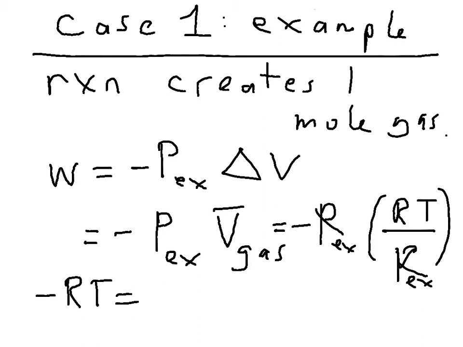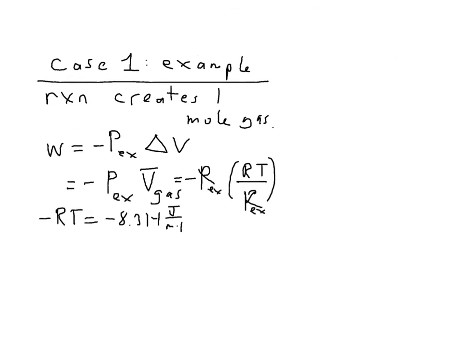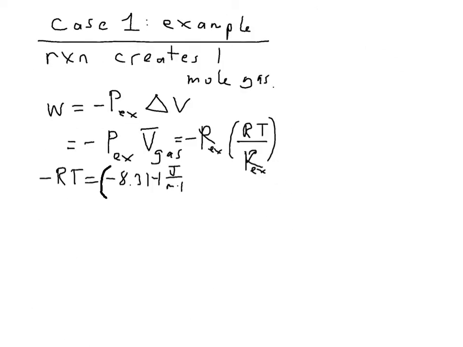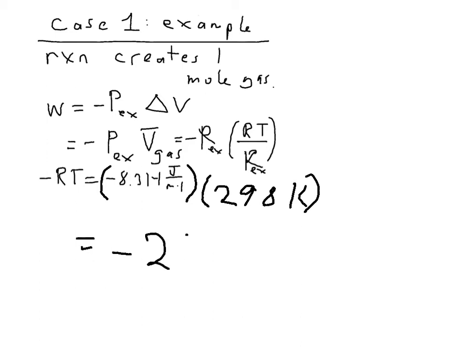Or if we wanted to plug numbers in and get an answer in joules, it would be negative 8.314 joules per mole per Kelvin, and we multiply that by the temperature. I didn't give a temperature, but suppose we were working at 298 Kelvin, this would be equal to a negative 2,500 joules.